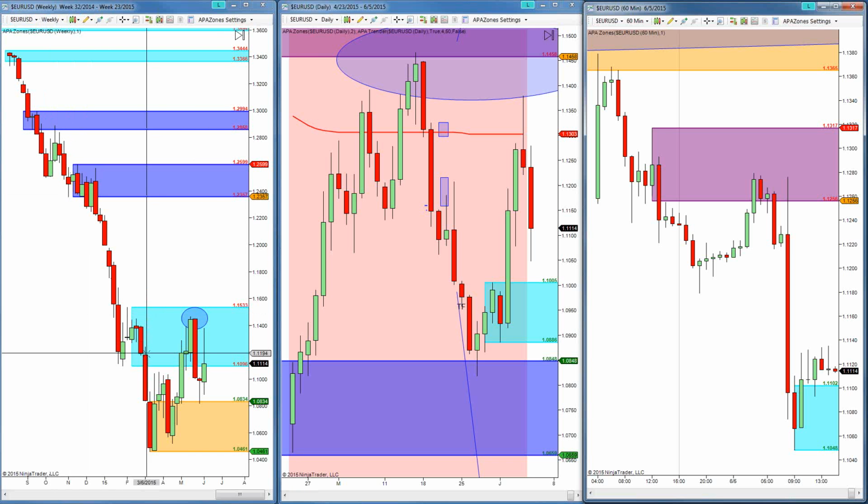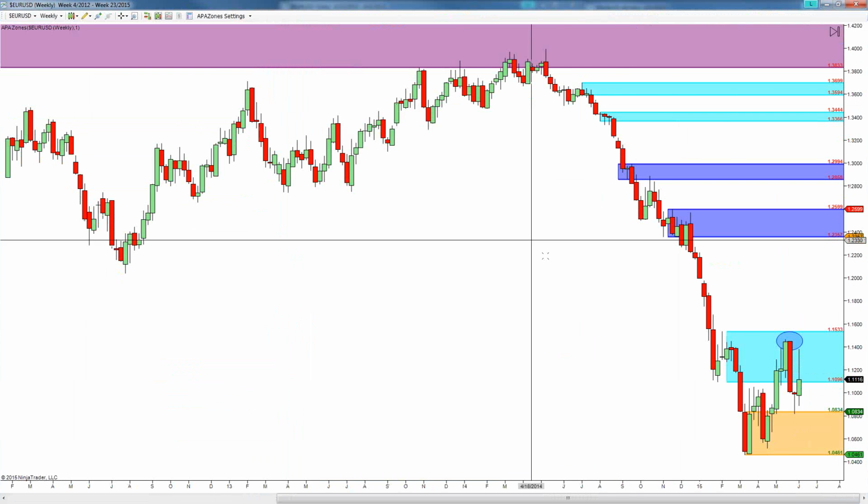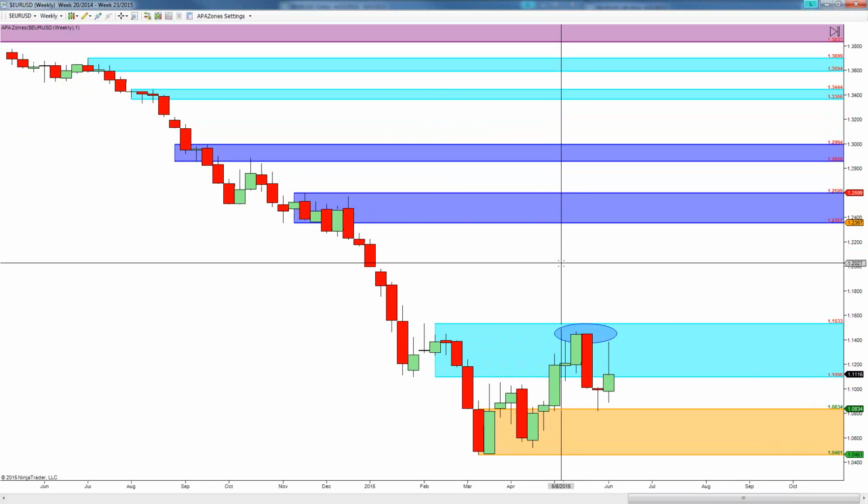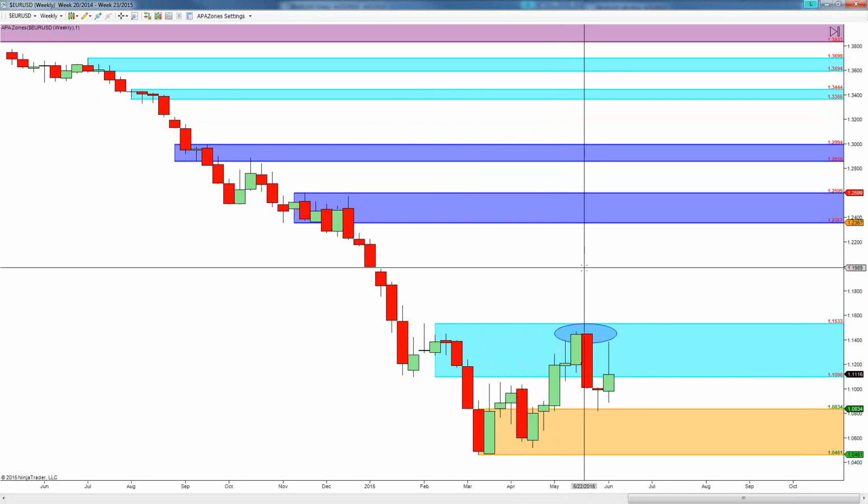I'm going to be looking at the Euro USD, and with the Euro USD, we've had price come into this weekly zone. So just so you guys know, and I do expect a lot of people here to be pretty familiar with the Epizone software.